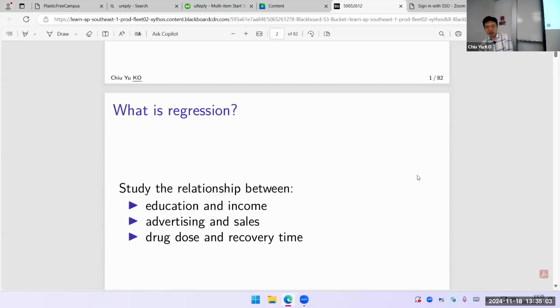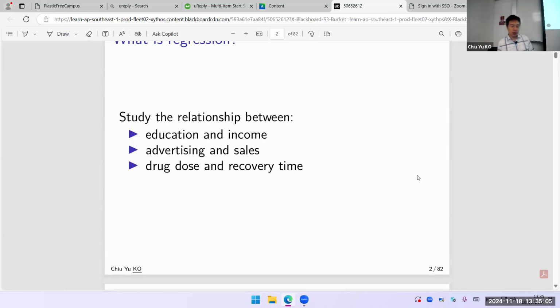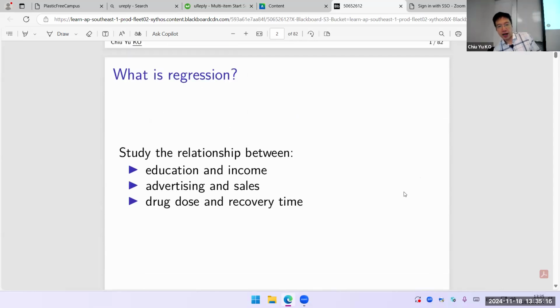Regression is something where our model just looks at 2 variables, right? Say, look at how education and income are related. Do note that we only look at how they're related, not causality.